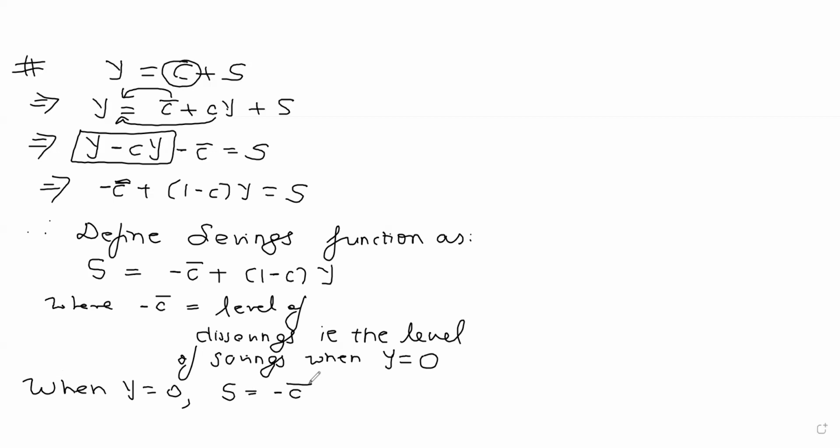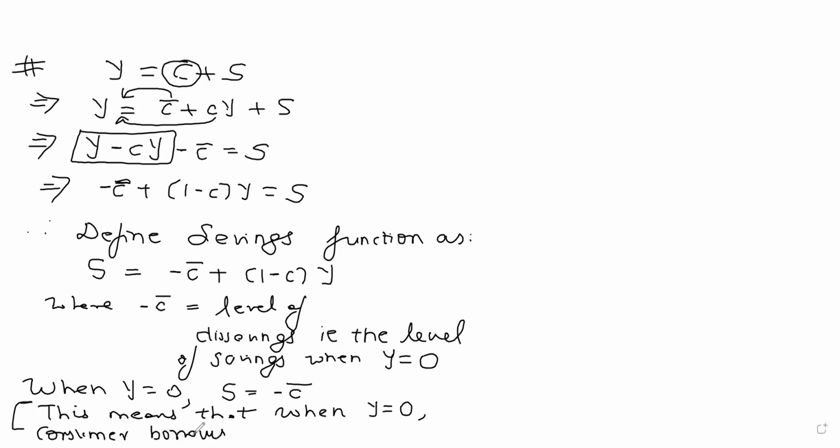When your income is 0, you are borrowing money to finance consumption. So I can say that this means that when income is 0, the consumer borrows to finance its consumption.